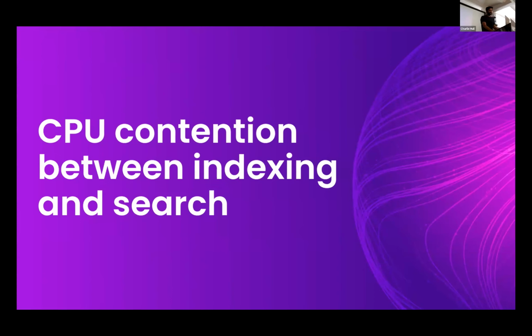And this is the final part of my presentation here, which is how do you avoid CPU contention between indexing and search? So here, essentially, the problem is that it's hard to predict the future. You deploy an application, it's getting its stream of updates, and users are running queries on this application.